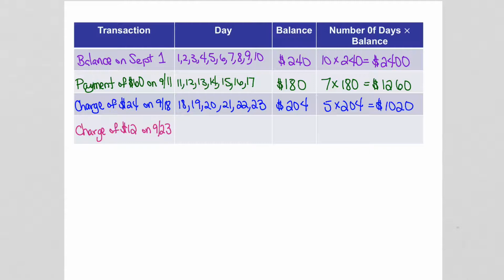And then on days, I got an extra one written there, but it's still 5. 23, 24, 25, 26, which is 8 days. Your balance adds another $12, so $216.